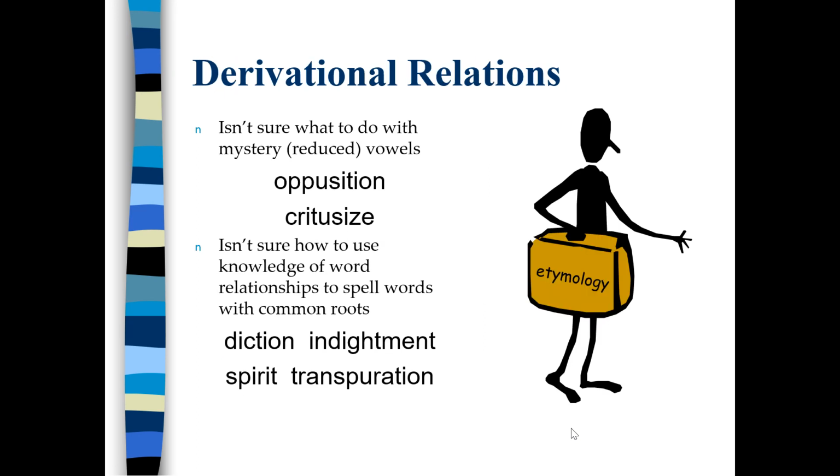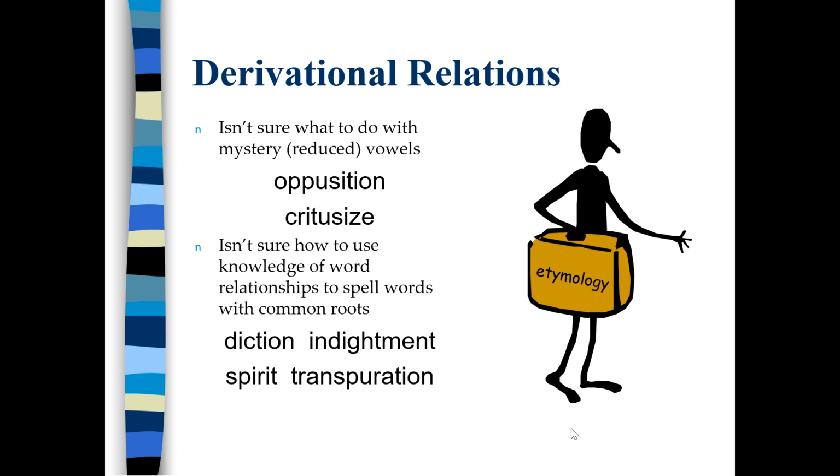In derivational relations, remember that's about 5th grade through 8th grade, could be even higher than that. These are big, big words, and students aren't sure what to do with mystery vowels like opposition or criticize. Criticize doesn't sound like there's just a little I in the middle of that word there, but that's all there is.